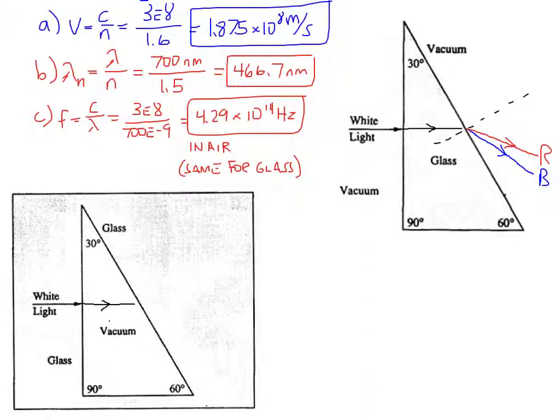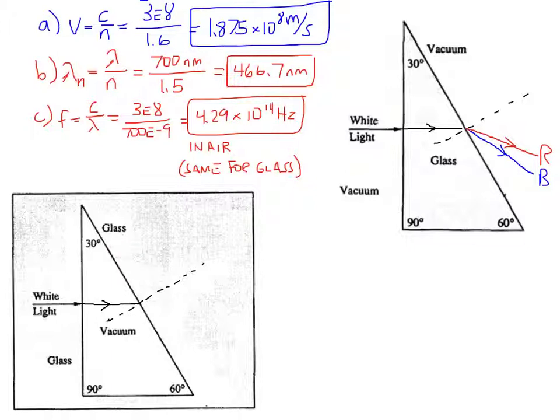So just like in the last figure, nothing changes there. And I'm going to draw the normal again, which is the dotted line perpendicular to the surface. But this time, since we are going from a low index, the vacuum, to a high index, the glass, instead of going straight through like this, where it would go horizontal, the light actually wants to bend toward the normal as opposed to away from the normal. Going from low to high, the light always bends toward the normal.